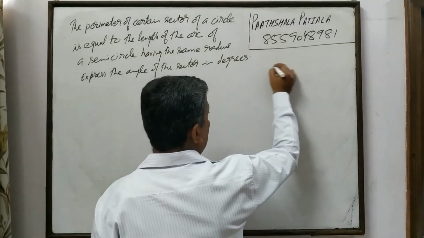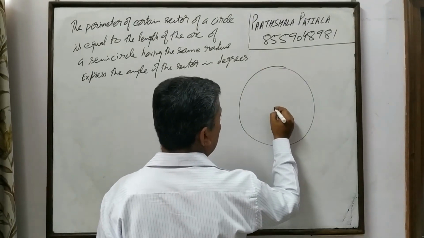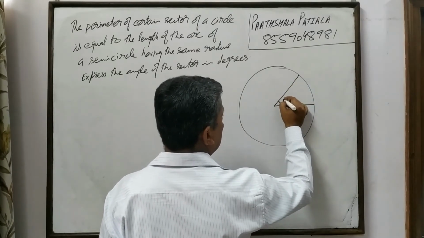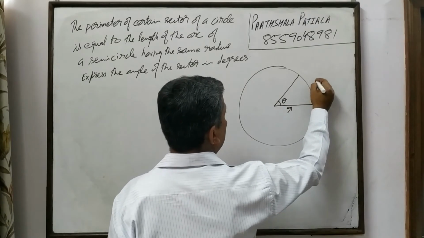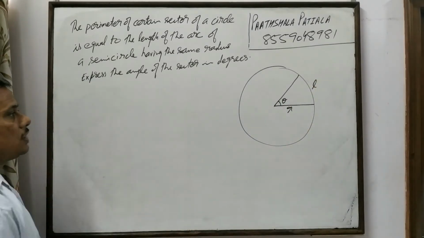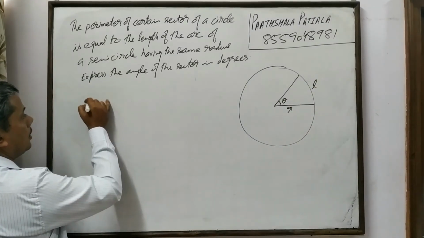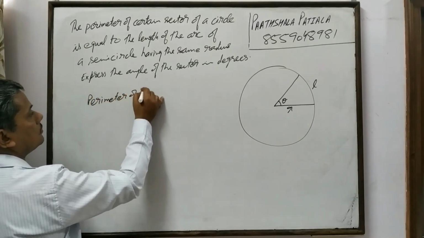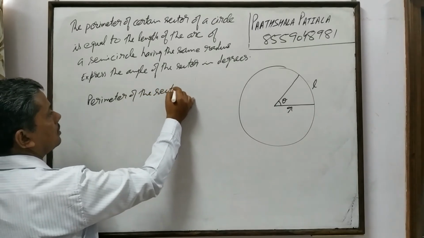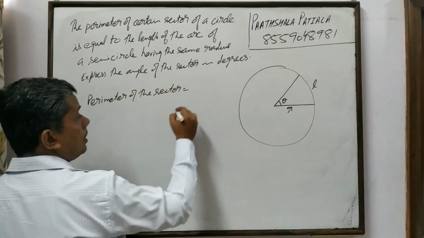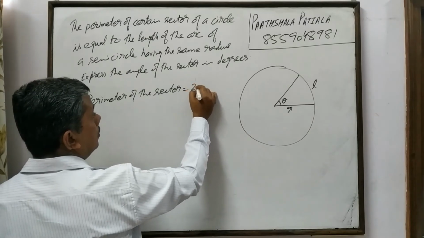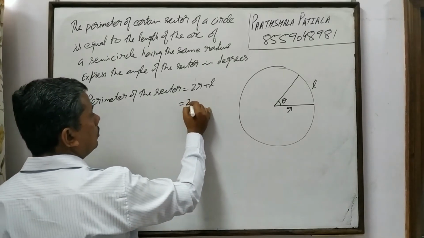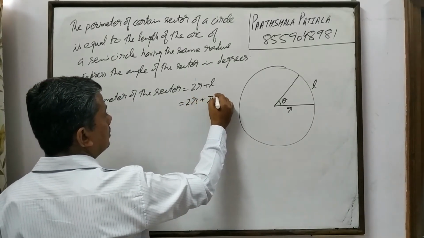Now you have the circle, say of radius r, you have this sector, say angle theta, radius r, and arc length L. So what is the perimeter of the sector? Perimeter of the sector is 2r plus L, but we know L is equal to r theta, so I can write 2r plus r theta.